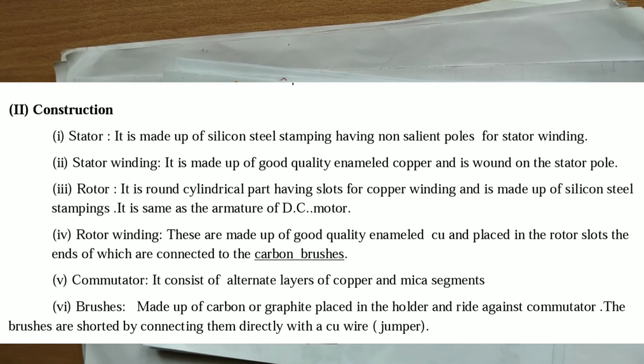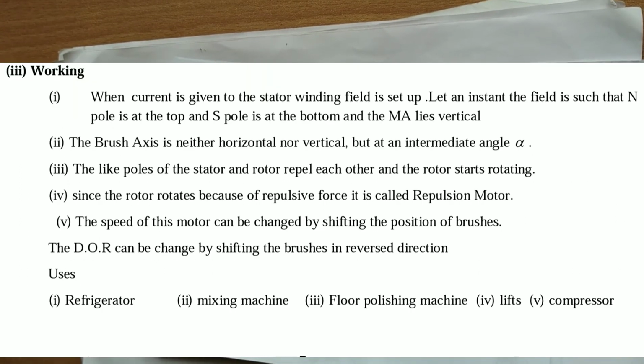In a cutting machine, such as a wood cutting machine or grass cutting machine, generally a repulsion motor is available. Again, some compressors and some lifts also have a repulsion motor.